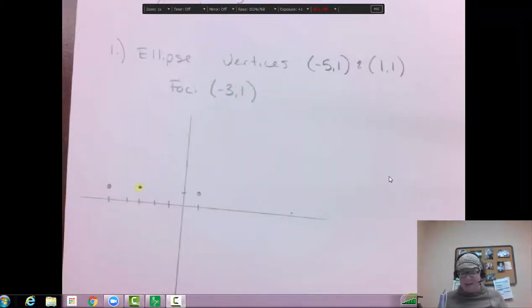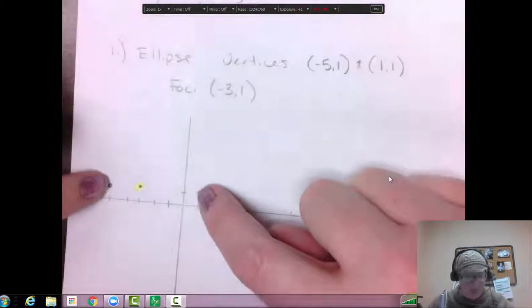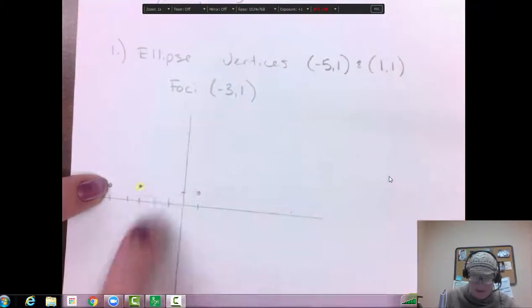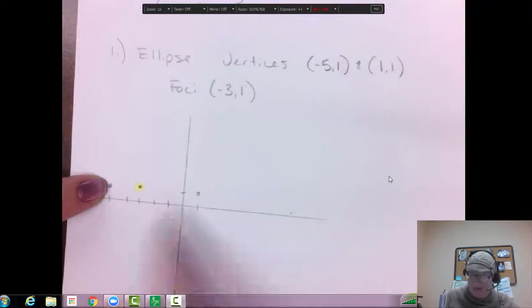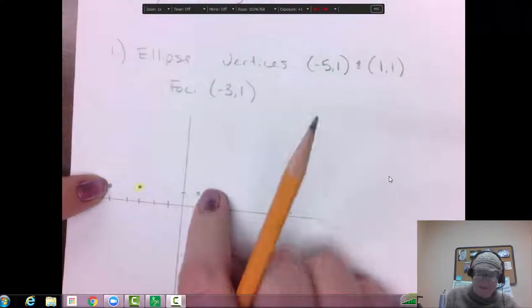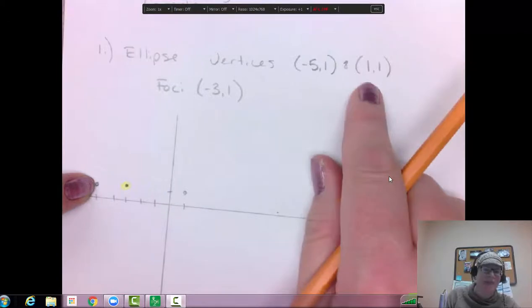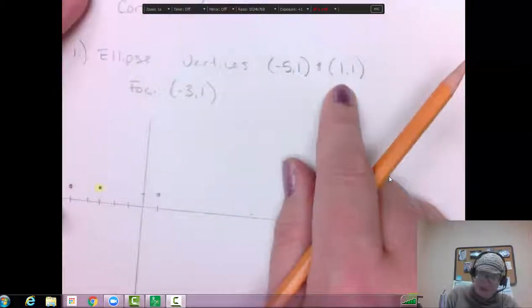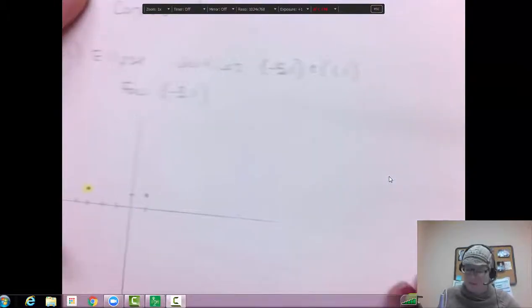We know that the vertices are on the longer side of the ellipse, and that the center has to be in the middle, and there are two foci, one on each side. The way we can find the center is to take the average of the x's and the average of the y's, or find the midpoint between the two vertices.